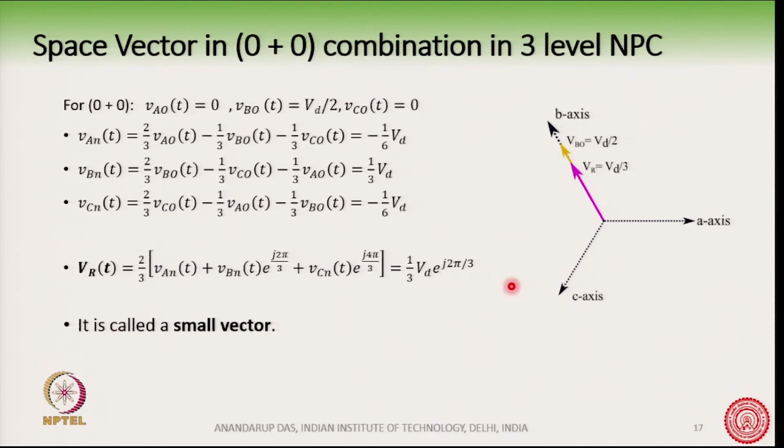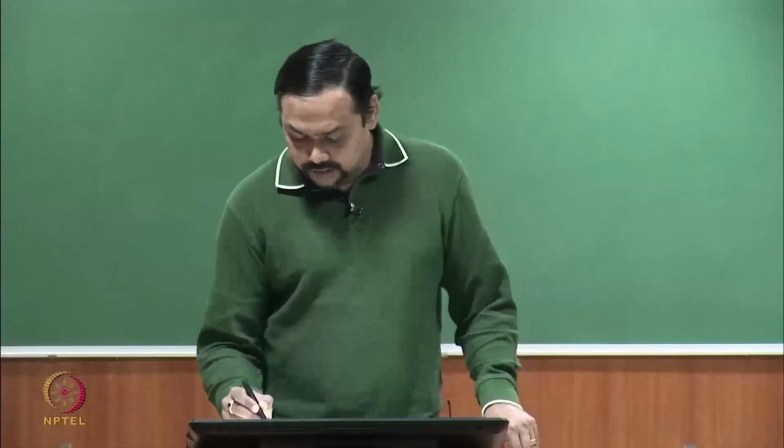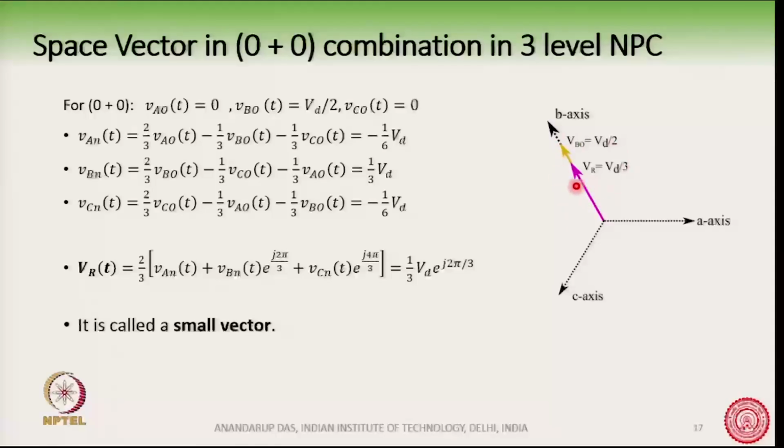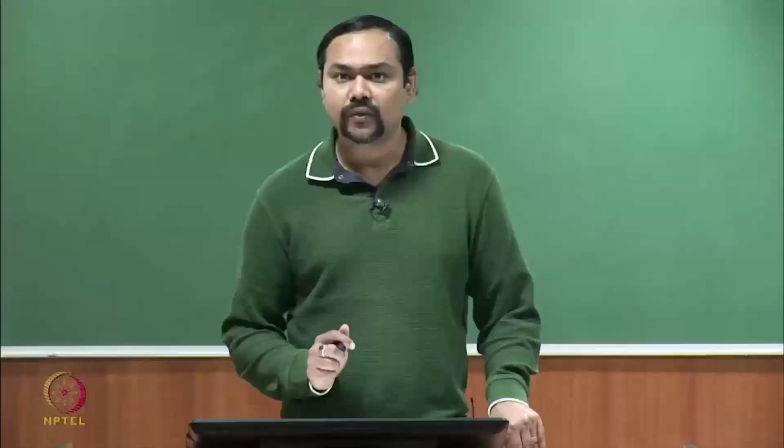So, the resultant space vector has a magnitude of 1/3 Vd. Here you can see how the space vector looks. The resultant space vector is given by this pink arrow, and it has a magnitude of 1/3 Vd. So, this is for one space vector.